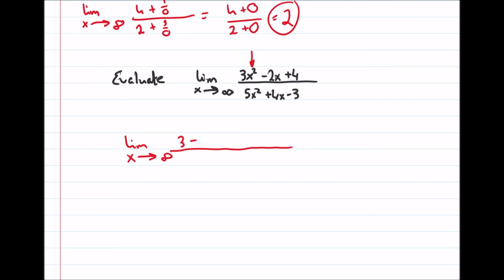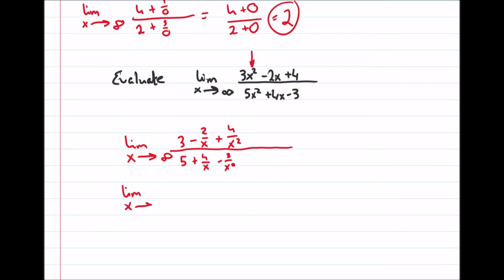Minus 2x divided by x squared is 2 over x. And 4 divided by x squared is 4 over x squared. Likewise on the bottom, 5x squared divided by x squared is 5, plus 4x divided by x squared is 4 over x, and minus 3 divided by x squared is minus 3 over x squared.